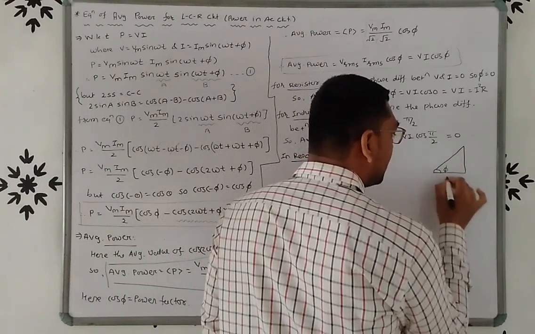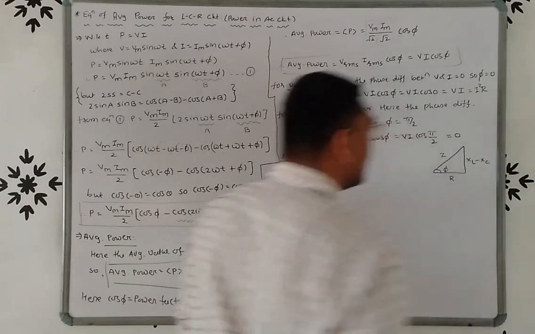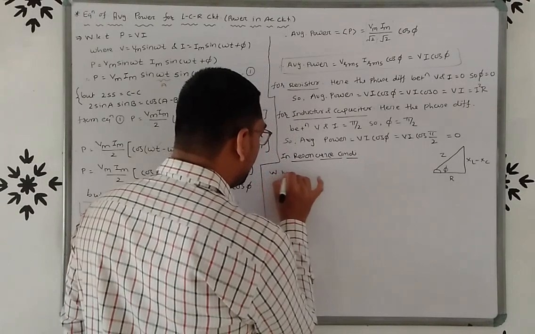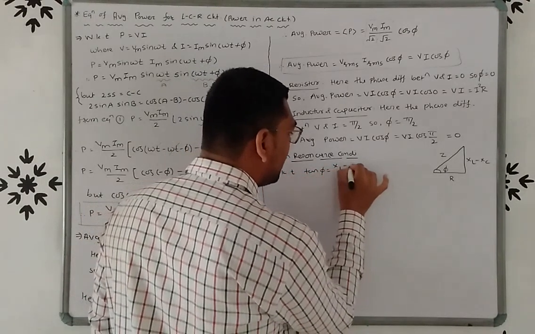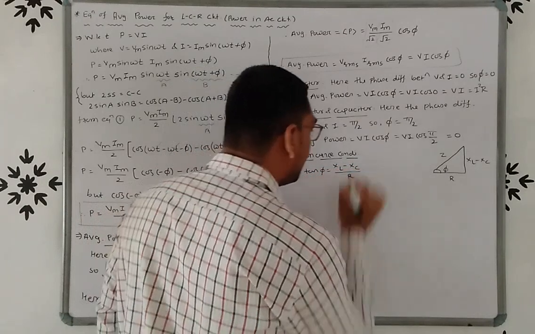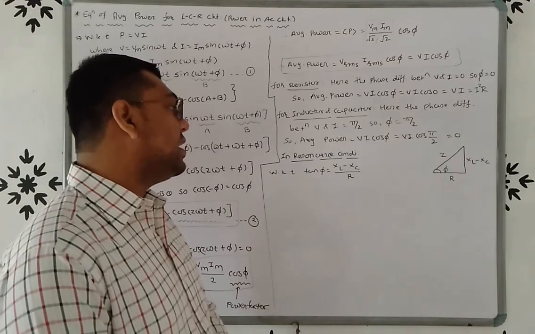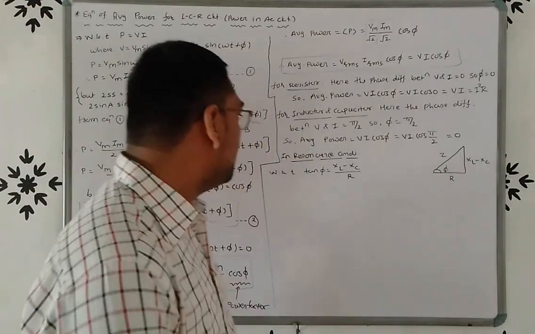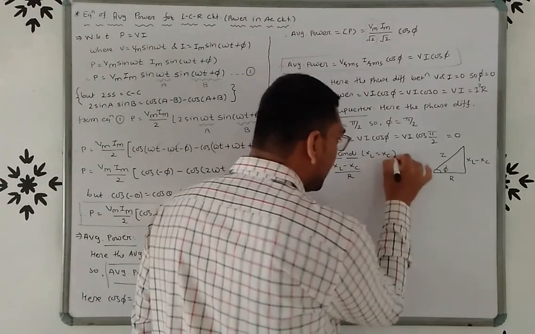This is phi, this is R, this is XL minus XC, and this is Z. And we know that tan phi is equal to XL minus XC divided by R. But here in resonance condition, we know that XL is equal to XC.